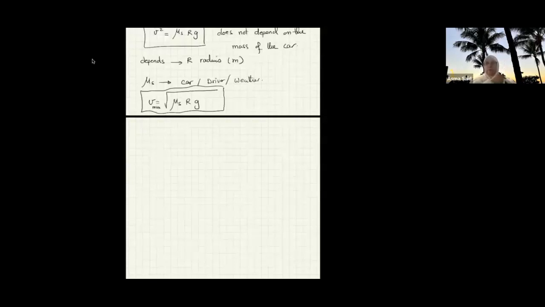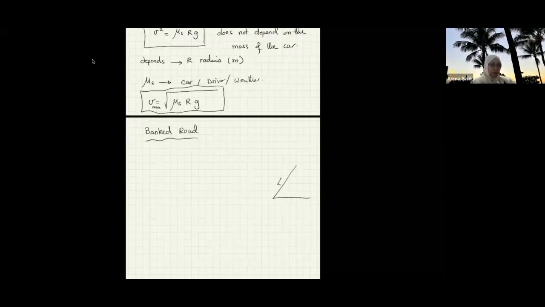All right. I think I have about 9 minutes where I will cover the banked road. When we have the banked road, we're going to have the car on that road that is really having that angle here.